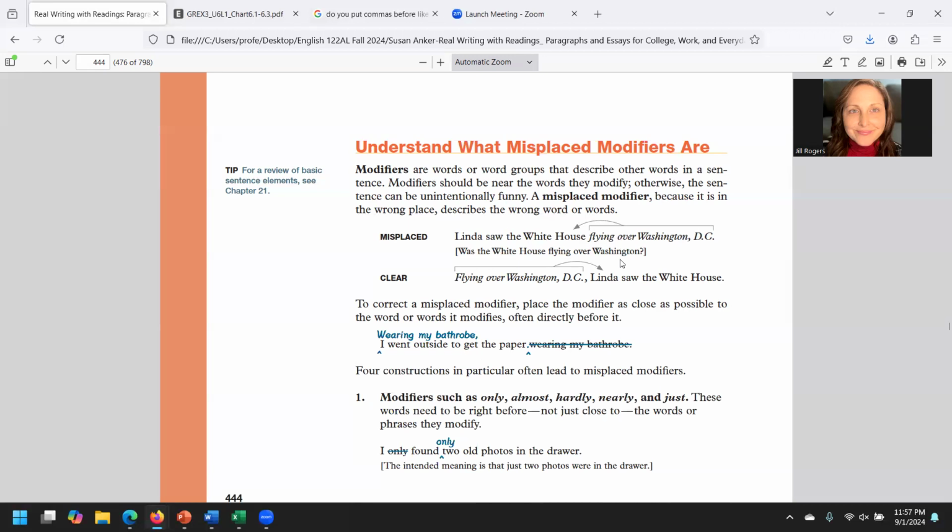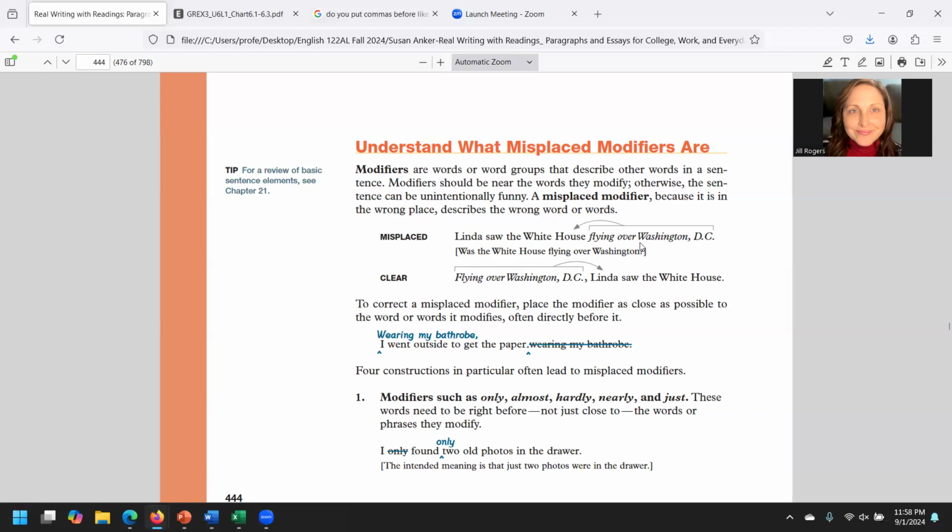So in this one, it's actually kind of funny because it says, "Linda saw the White House flying over Washington, D.C." This is next to White House. It's funny because it seems to us that the White House is flying over Washington, D.C. But the person we could guess meant Linda was the one flying over Washington, D.C. So it's much more clear if you put it next to the thing or person that you're modifying.